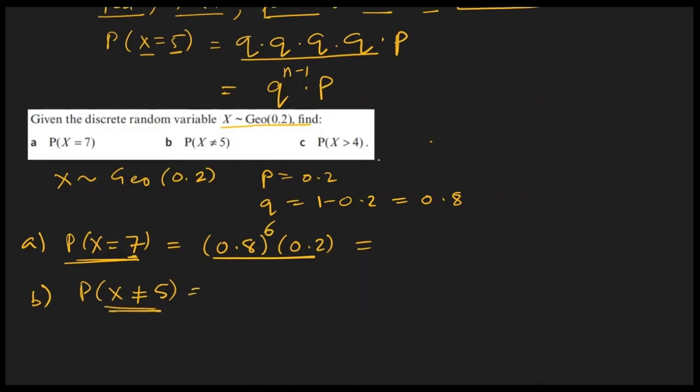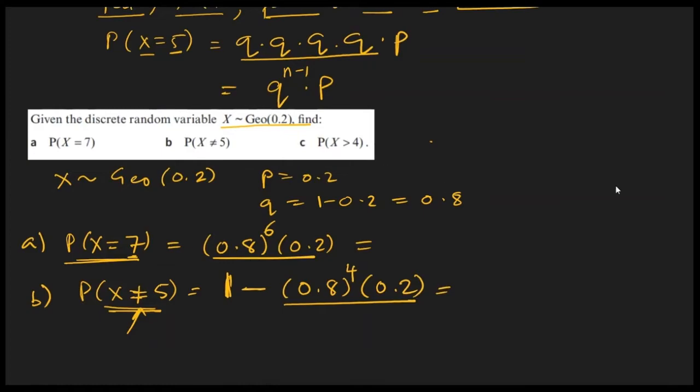So in such a case, whenever one particular attempt is excluded, we will subtract it from 1, as we know that the sum of all the probabilities of any probability distribution is 1. So we will subtract the case when it is a success in the 5th attempt. That means you will be failing for 4 attempts, and then you're getting success in the 5th attempt, and that case you are excluding by subtracting from 1.